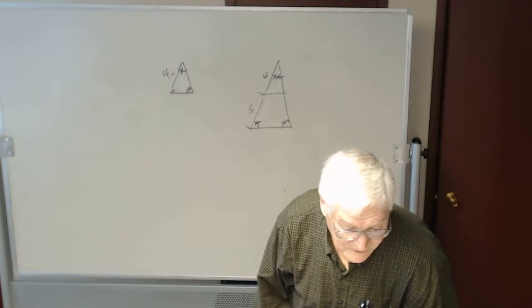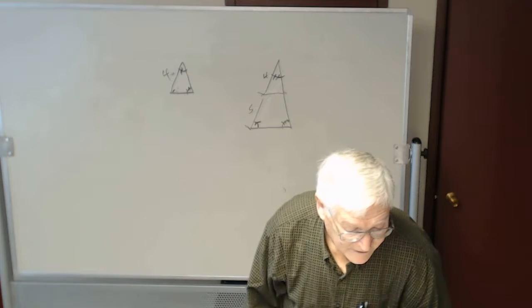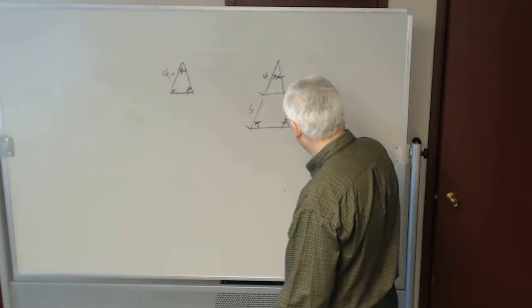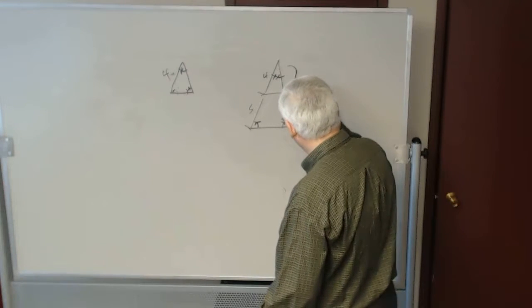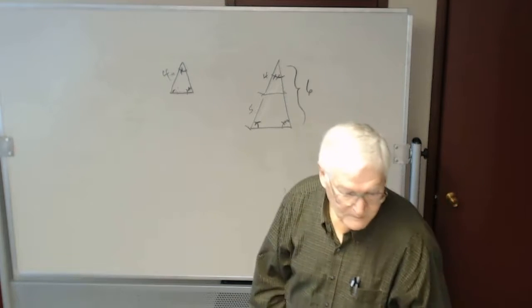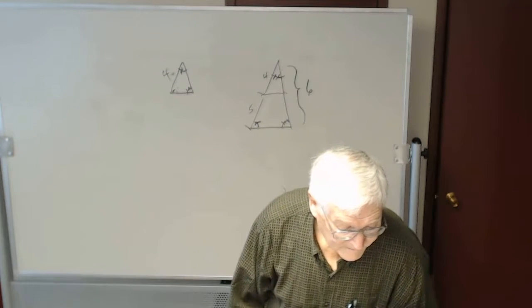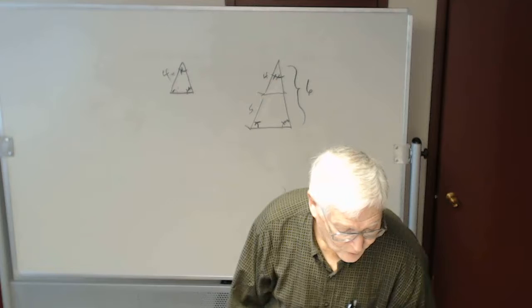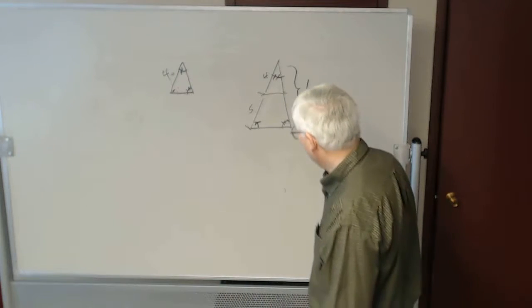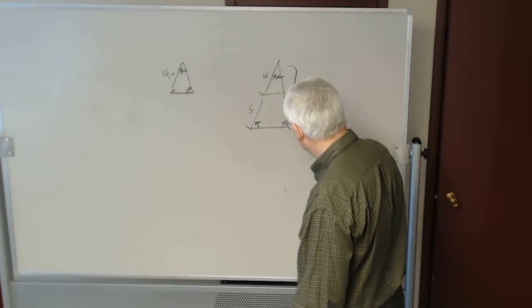Labeling the parts. And BC is 6. This whole thing here is 6. Find BQ. They want me to find this section right here.